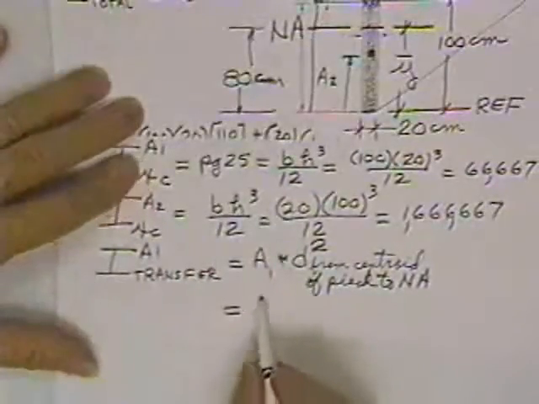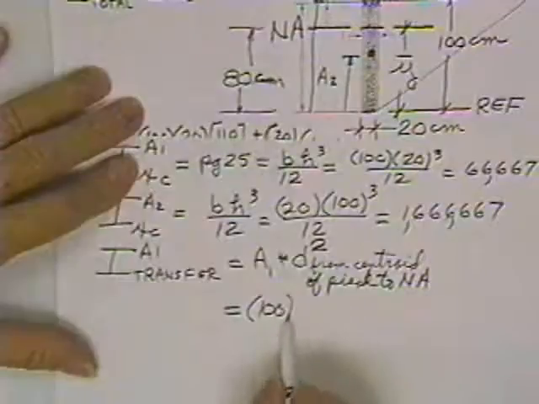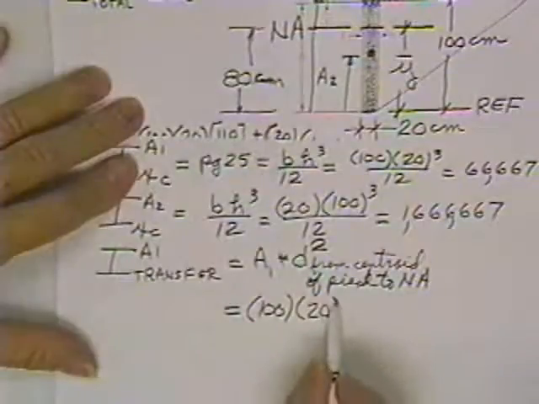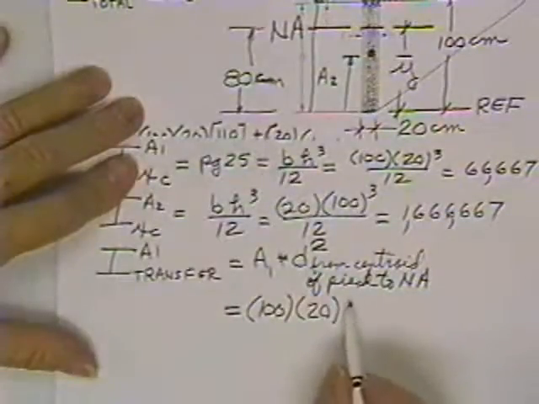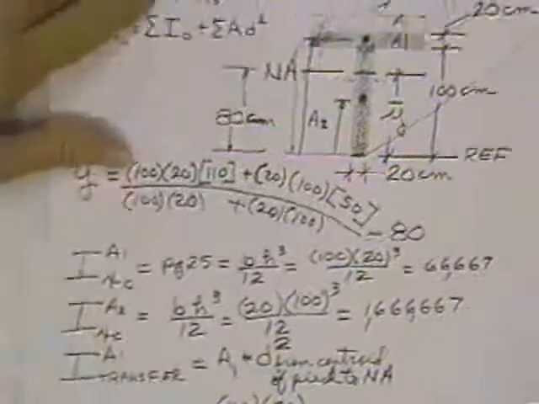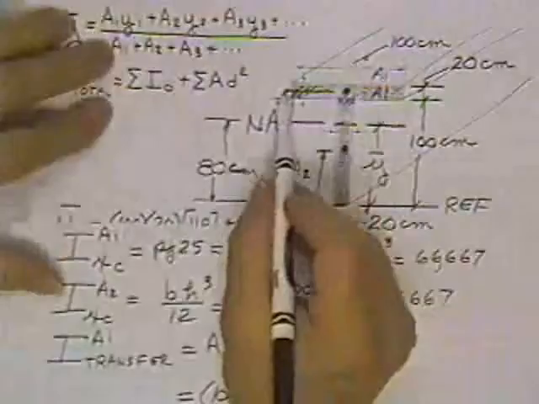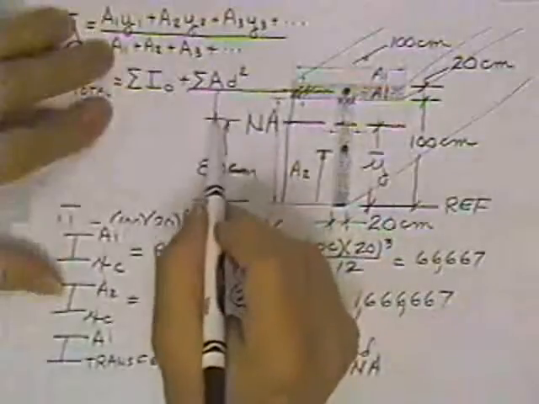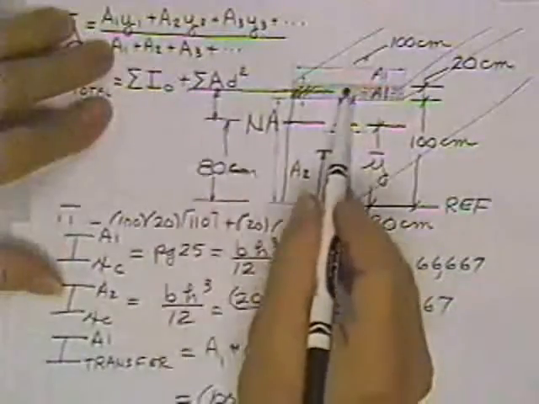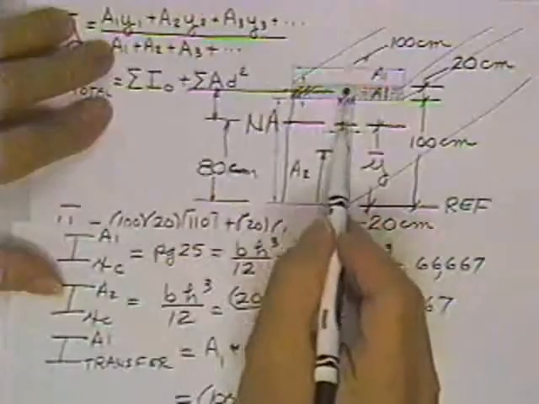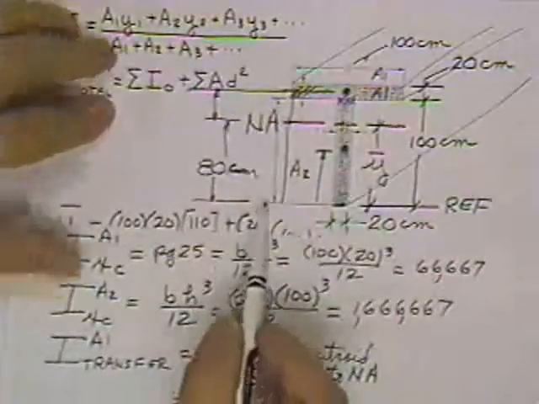Alright, in our case, area 1 is a 100 by 20 piece, and its distance to the centroid is how far it is from here to here. In other words, that's how far area 1 is away from the neutral axis.